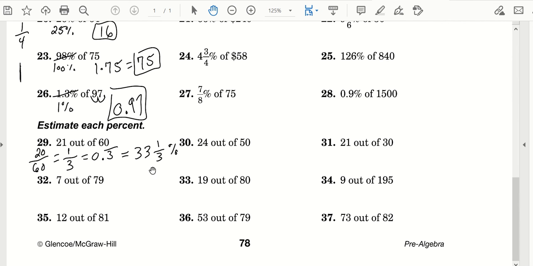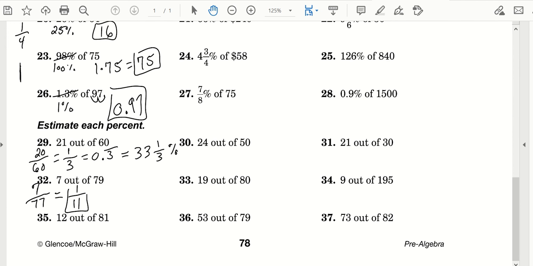All right, number 32. 7 out of 79. Those do not cooperate well, but 7 over what number close to 79 cooperates well with 7 when we divide? 7 divided by 77. We can divide these both by 7 and we get 1/11.